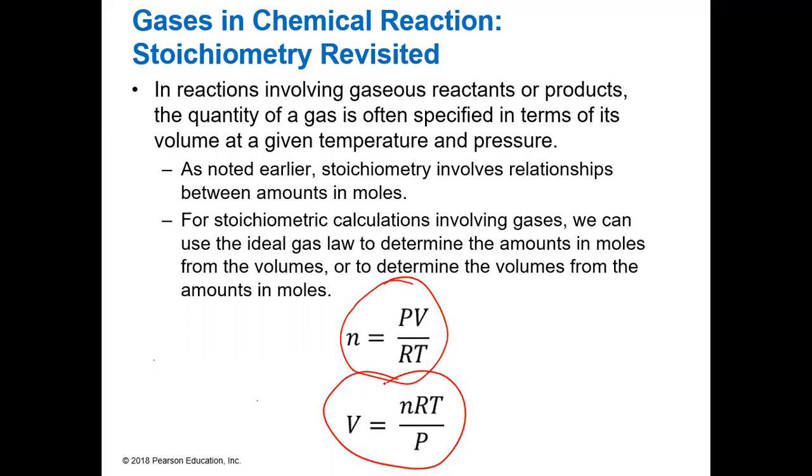So if we have to figure out moles of a reactant, that might not be the final step. We might have to use that moles of reactant to go to moles of a product, or maybe even grams of a product, okay? So it's not difficult. It's just applying two things together. Not bad at all.